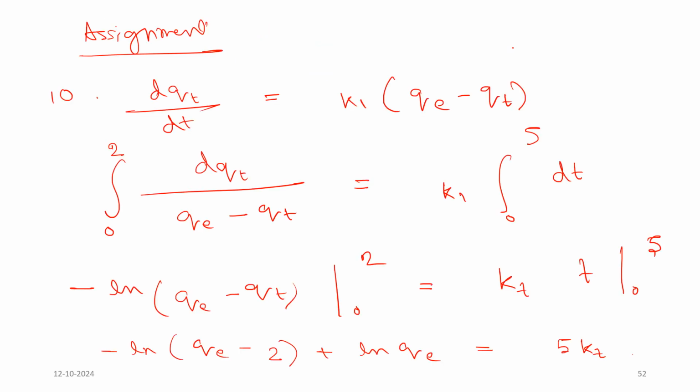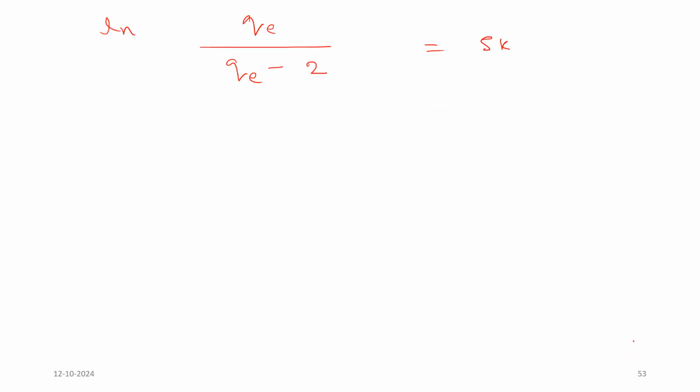Then ln(qe/(qe minus 2)) equals 5 k1. Now we are taking the minus, so it will be ln((qe minus 2)/qe) equals minus 5 k1.